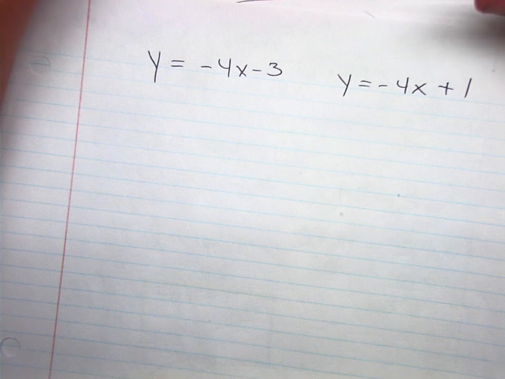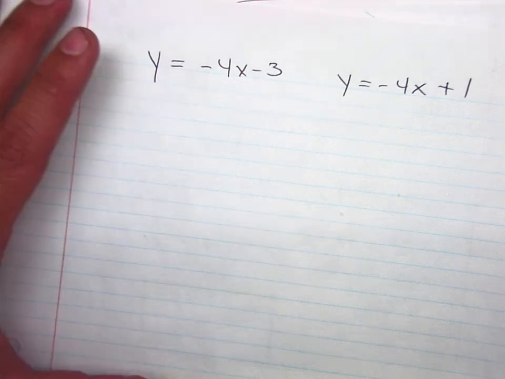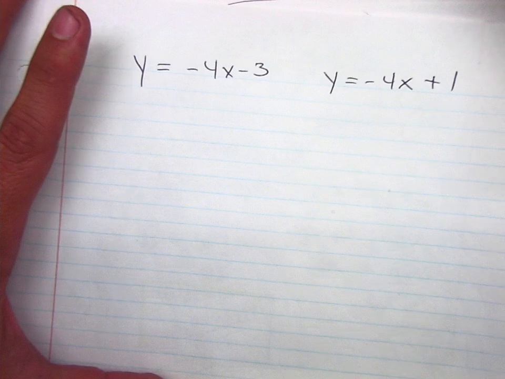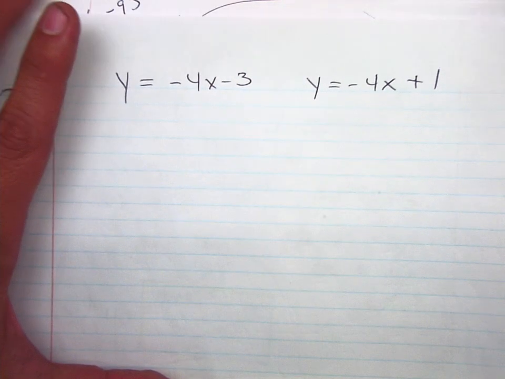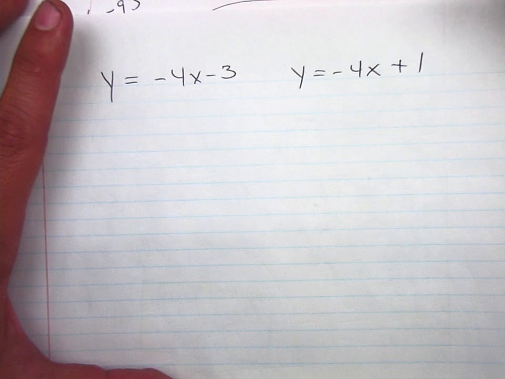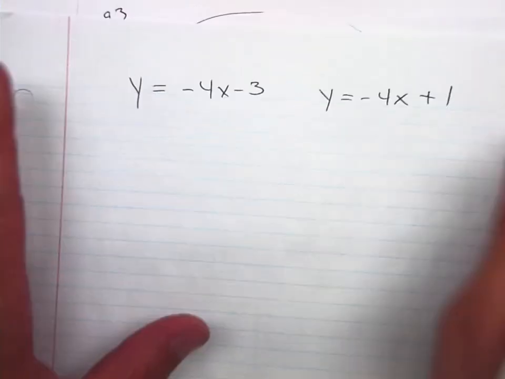Wait, I see something happening. The x's are gone and we get negative 3 equals 1. I'm looking for the point of intersection, the x comma y. The x is gone, so what is the answer? There is no solution. These lines will not meet.